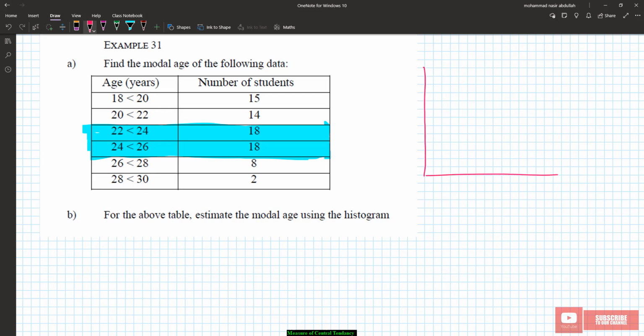So we have 18, 20, 22, 24, 26, 28, 30, and then this is 2, 4, 6, 8.